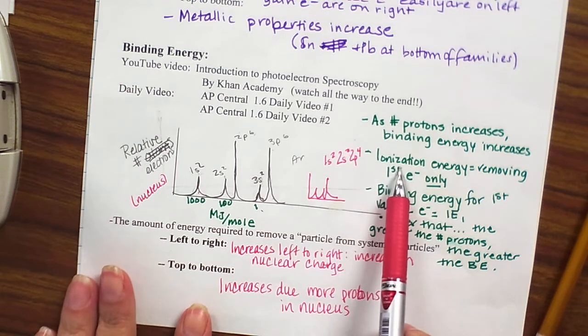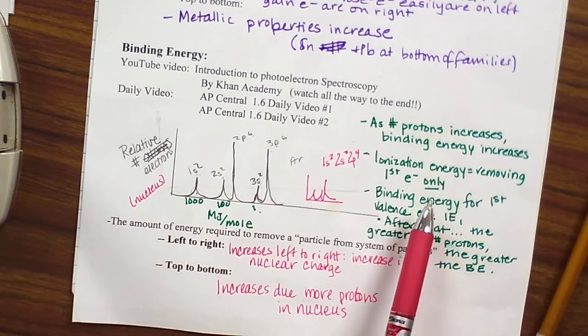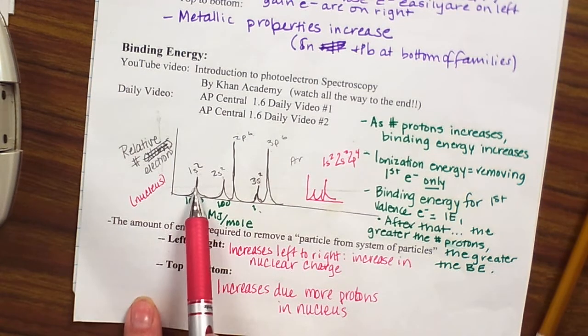Okay? So the ionization is removing only the first. First you remove the first, and then there's a second ionization energy. The definition of the ionization energy is the most loosely attached particle. So first there's a first ionization energy. When that one's gone, you look at the next loosely attached particle. The binding energy is basically, what's the binding energy of this one?